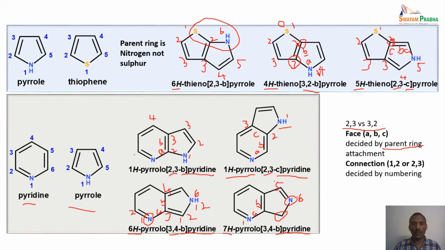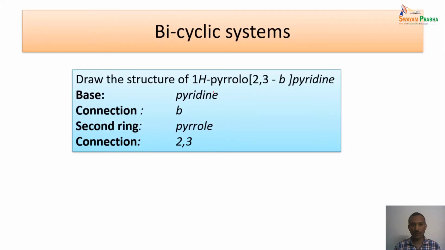So this is how we can name different heterocycles. Let us do the reverse. If a name of the compound is given and we have to identify the structure, how do we do it? So always look at the base or the parent name. This is given as pyridine.